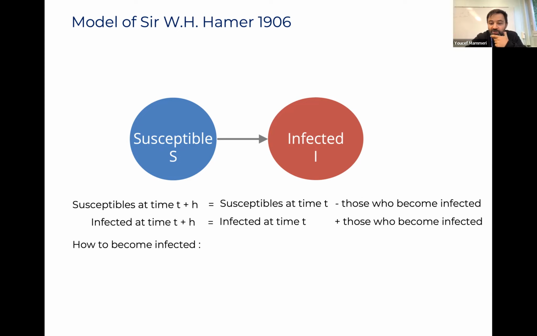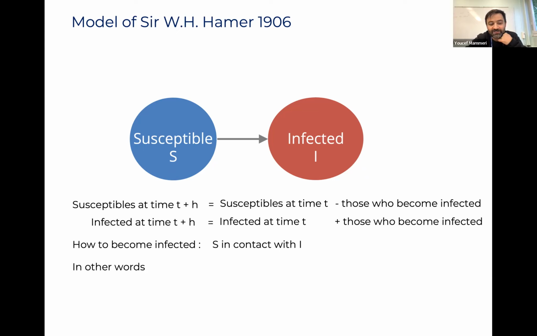So the question is how you become infected. It's very simple. To be infected, a susceptible has to be in contact with an infected.